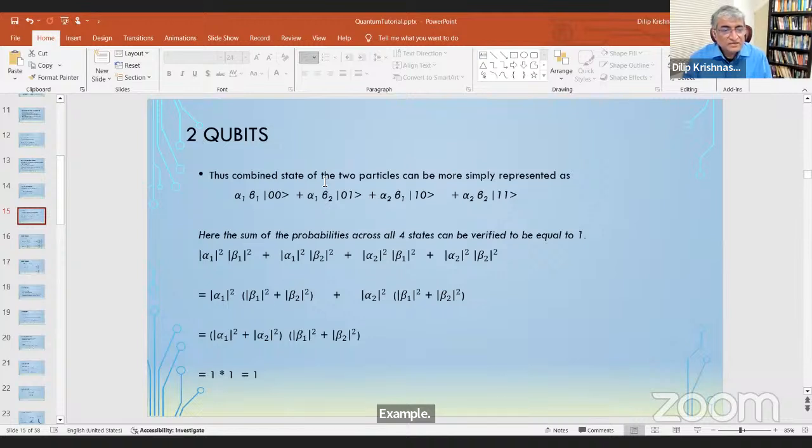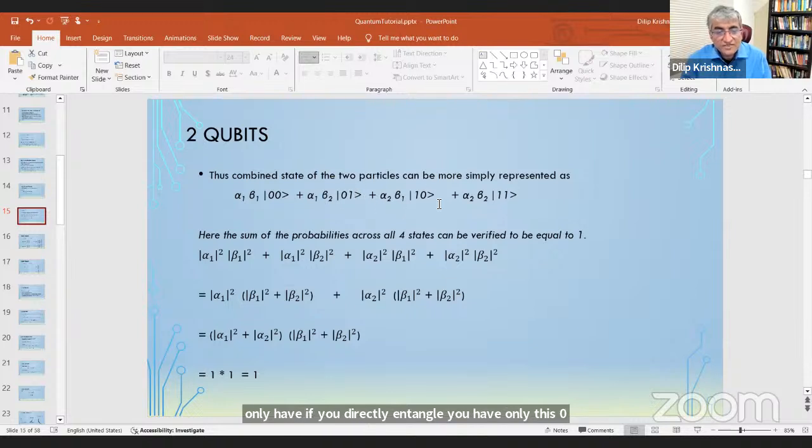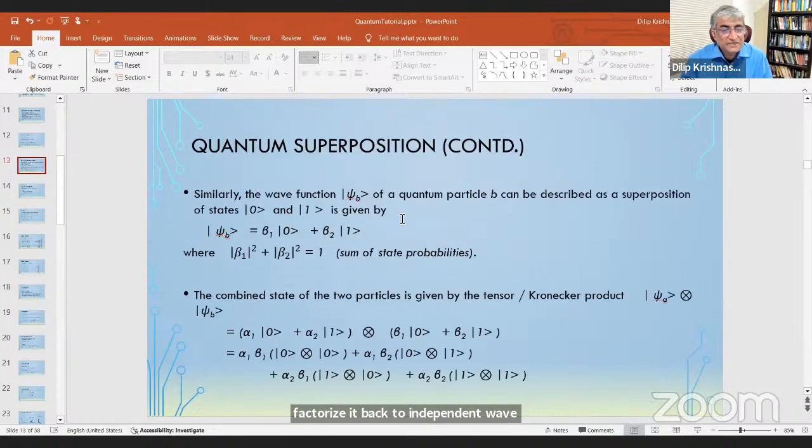Here, when we expanded it out, we had all four possibilities. But when you're entangled, if you're directly entangled, you have only the 0, 0 and the 1, 1 component, or if inversely entangled, you have the 0, 1 and 1, 0 component, and you cannot factorize it back to independent wave functions for each of the particles, like saying psi b is beta 1 plus beta 2, and psi a is alpha 1 ket 0 and alpha 2 ket 1.